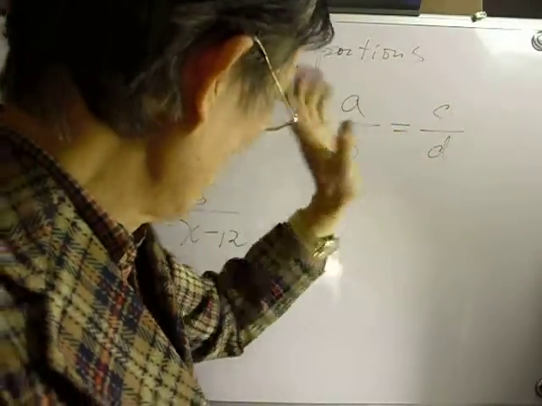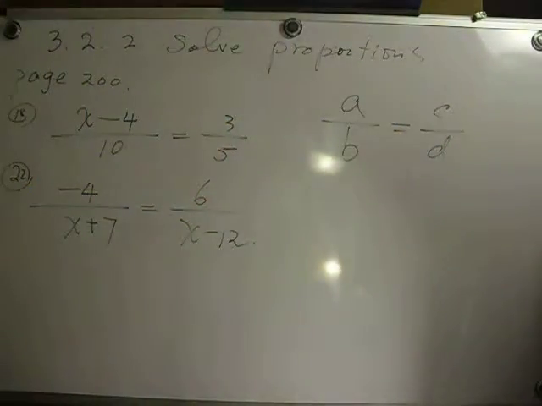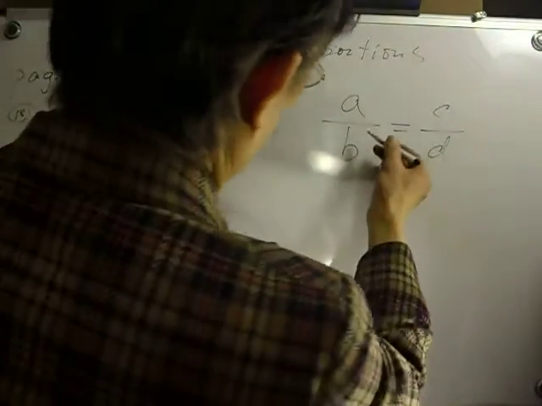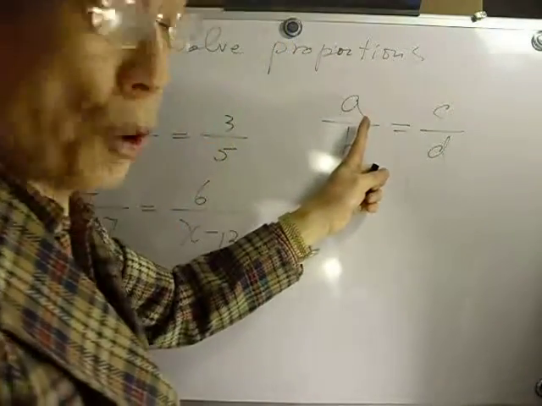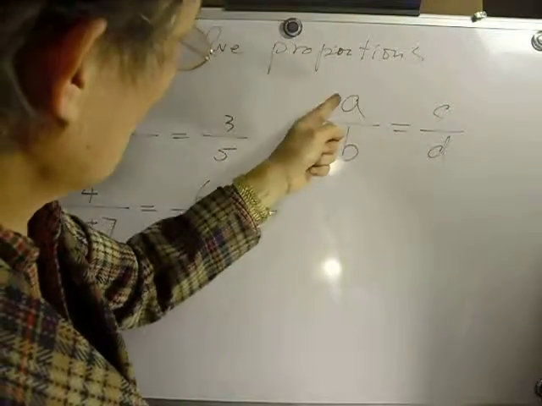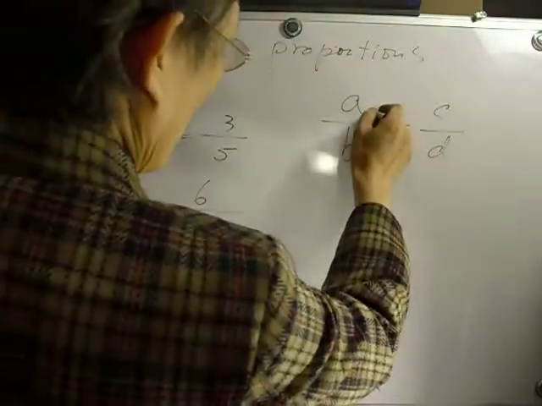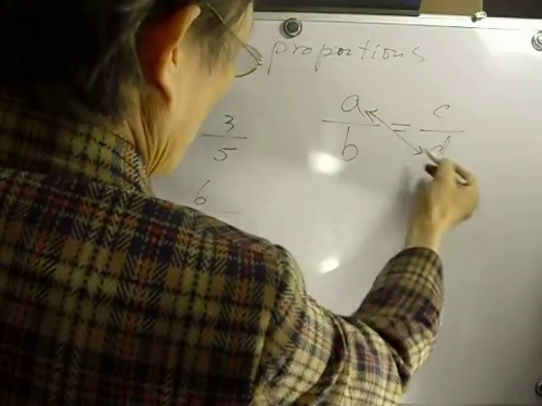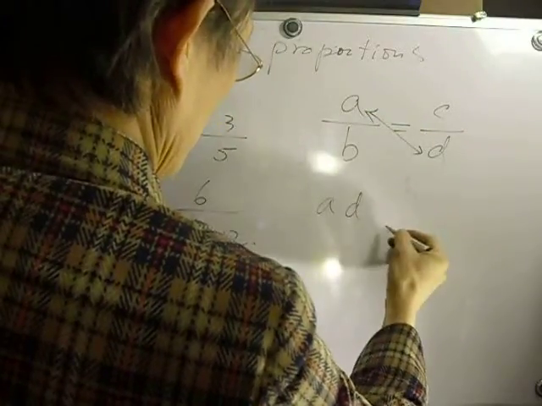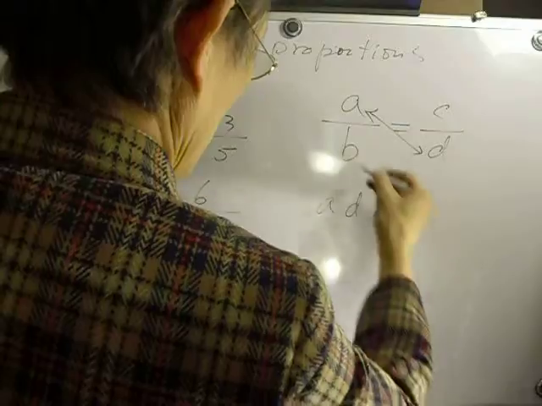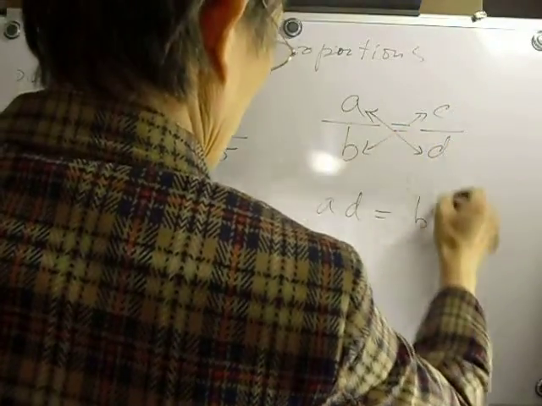A proportion has a property, which we call the fundamental property of proportion. This is the first term, second term, third term, and last term. Cross multiply: the first term times the last term equals the second term times the third term.